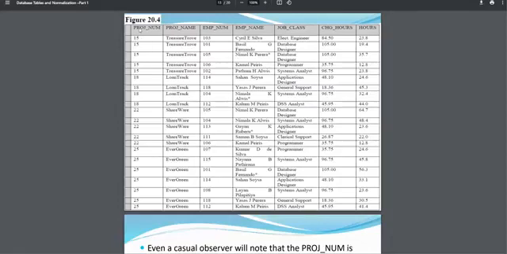Here, by referring only to project number as the primary key, can we recognize a record uniquely?